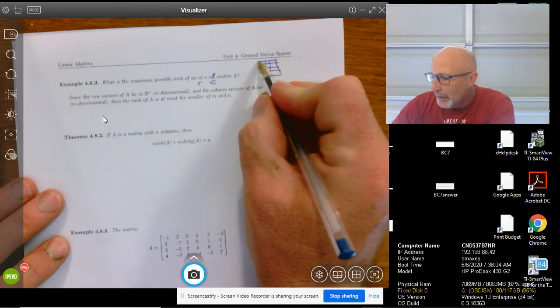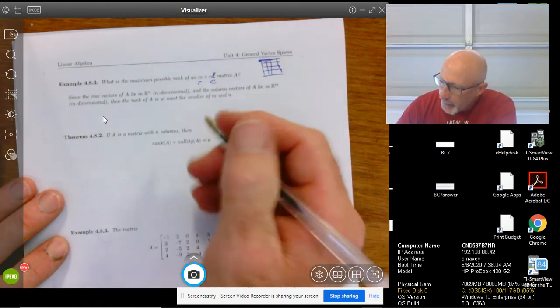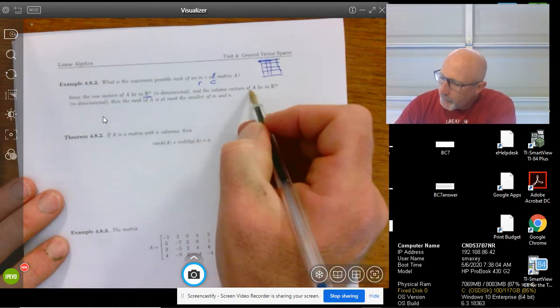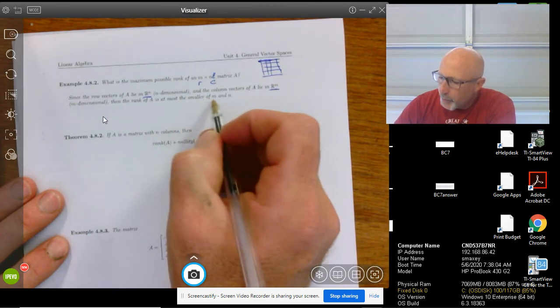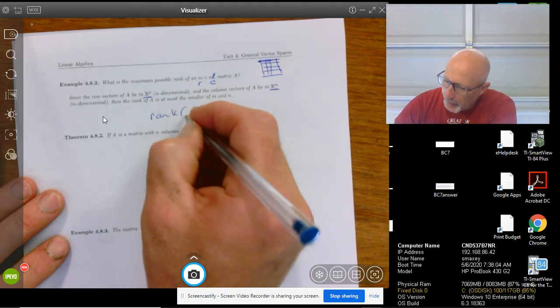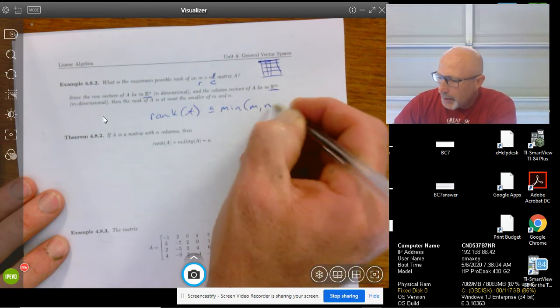In each row you're going to have n elements, so each row vector lies in Rn, and the column vectors of A lie in Rm. Then the rank of A is at most the smaller of m and n. So the rank of A has to be less than or equal to the minimum value of m and n.